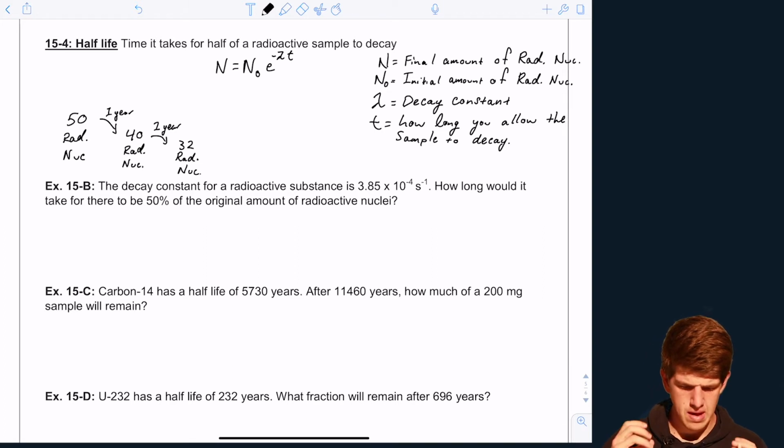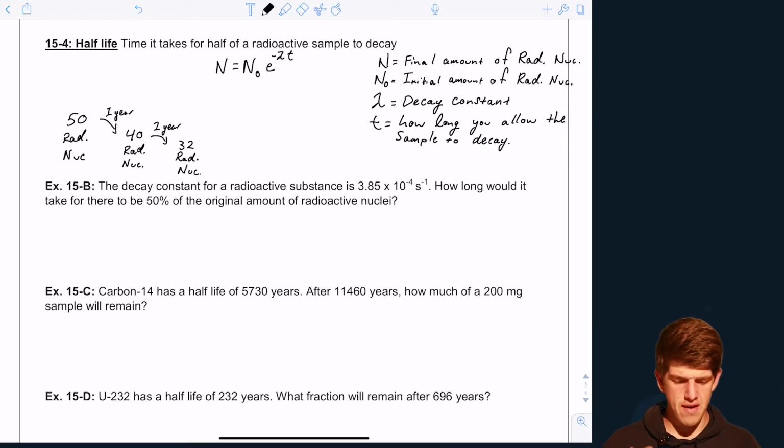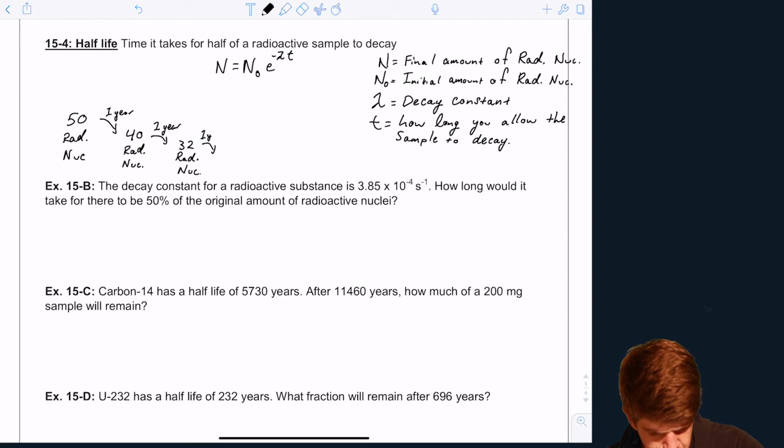Now that we've talked about N equals N naught e to the power of negative lambda t, there's one other thing you need to know, and that thing is the half-life. If I actually took this sample and I kept decaying it down, so I then took another year, I would say, oh, well, 0.2 of that is going to decay, which is roughly 6.4.